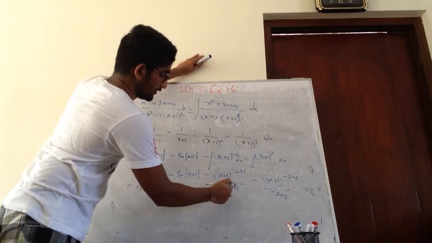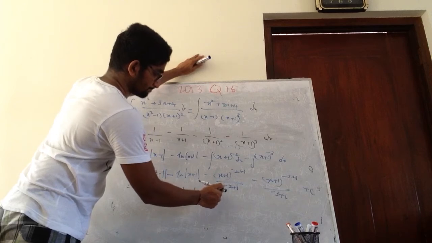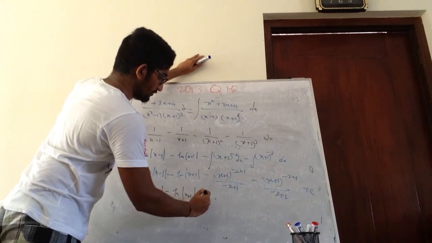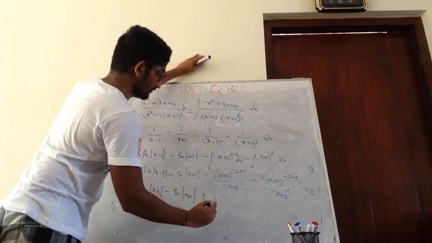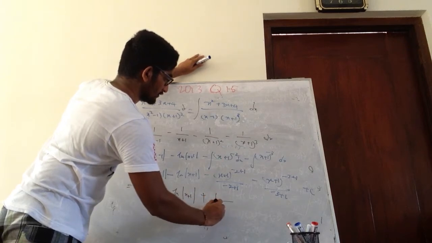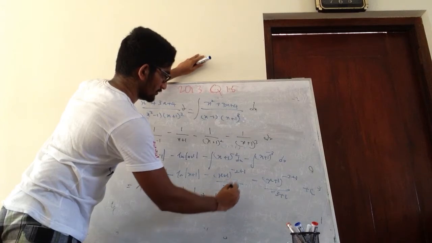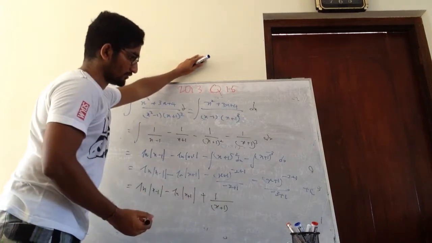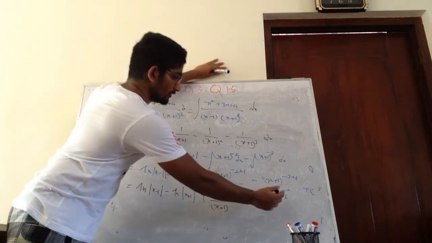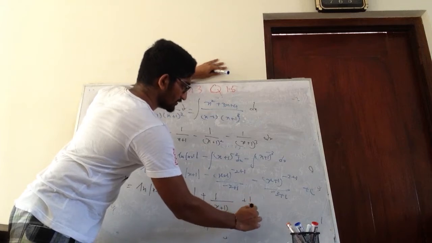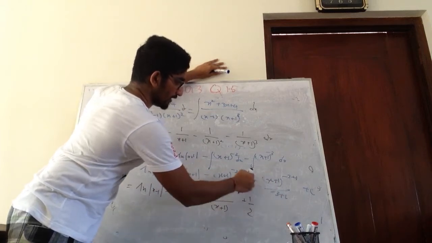This is going to be minus 1, so it's going to be plus. This is going to be plus half, minus going to be here.